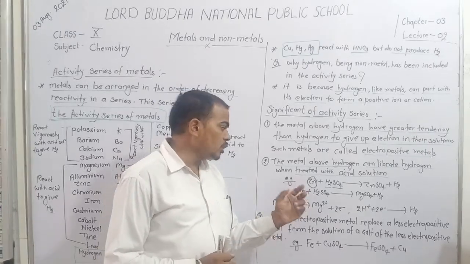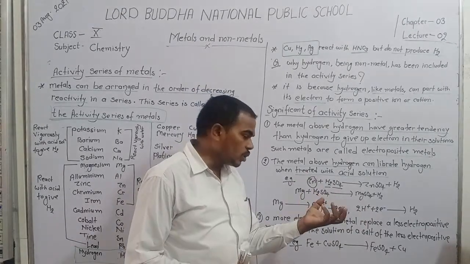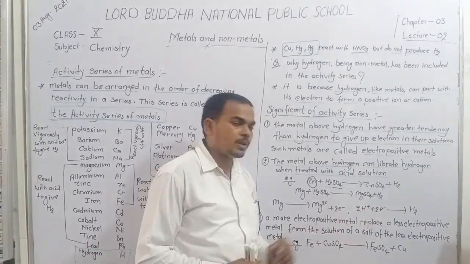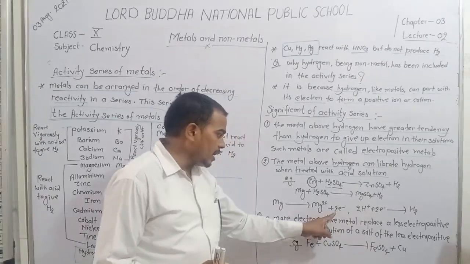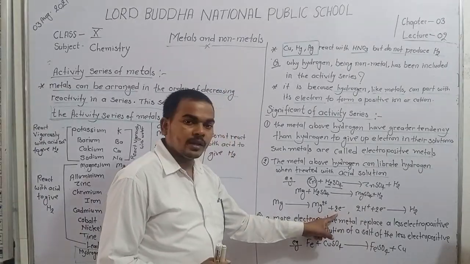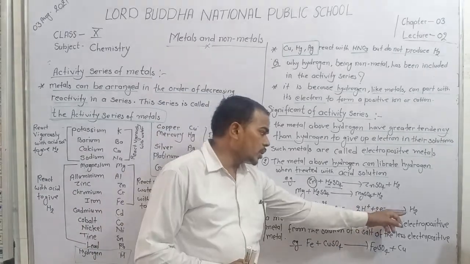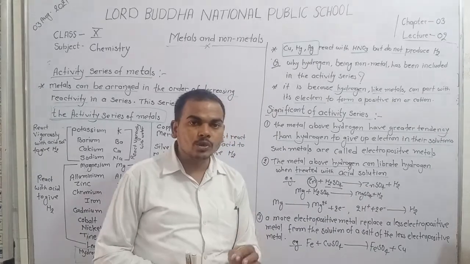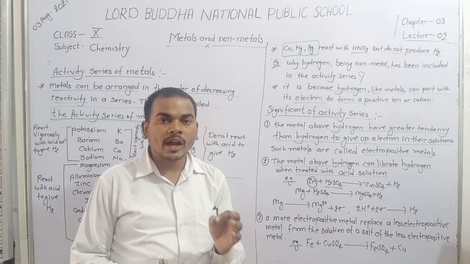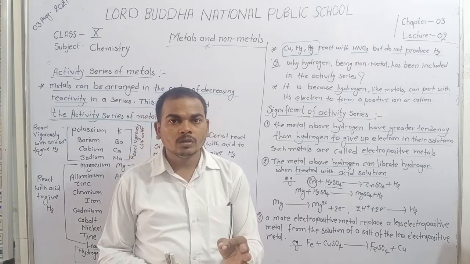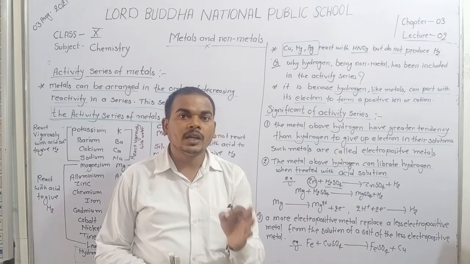So sulfuric acid loses its 2 H plus. When sulfuric acid in solution loses its 2 H plus, these 2 H plus gain the electrons lost by the magnesium metal and convert into hydrogen gas. This is the process of releasing hydrogen gas by metals more electropositive than hydrogen.